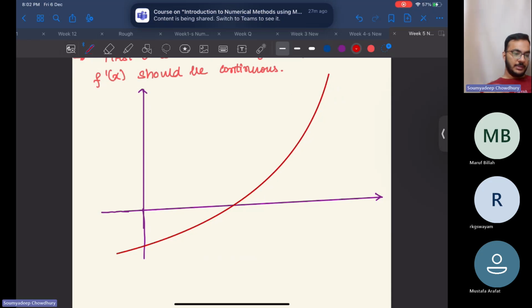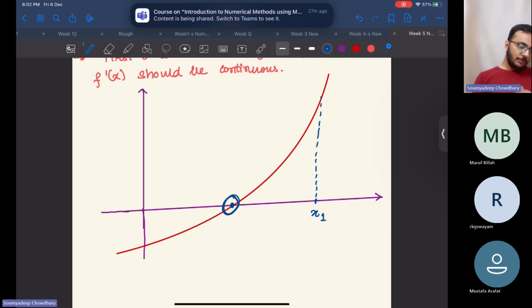You know from the plot that this is your final root, right? But you are given an initial solution, say at x1 here. So from this x1, we have to approach towards this actual root.